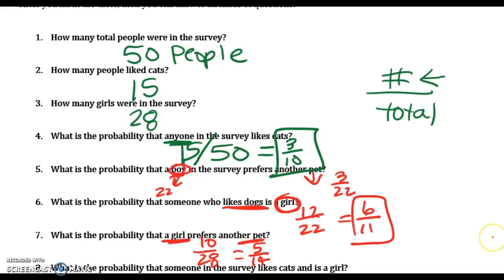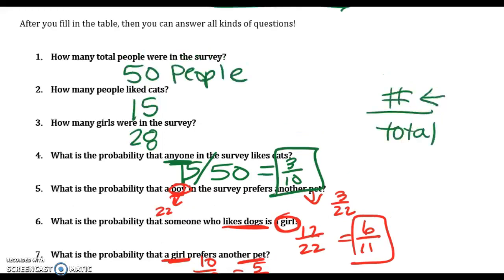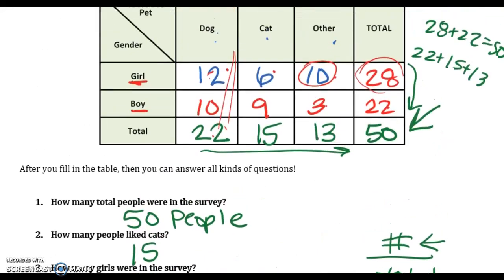What is the probability that someone in the survey likes cats and is a girl? So the key thing here is it's someone in the survey. So that's out of the total number of people, which is 50, who likes cats and is a girl. So we're getting really specific on the box that we want.